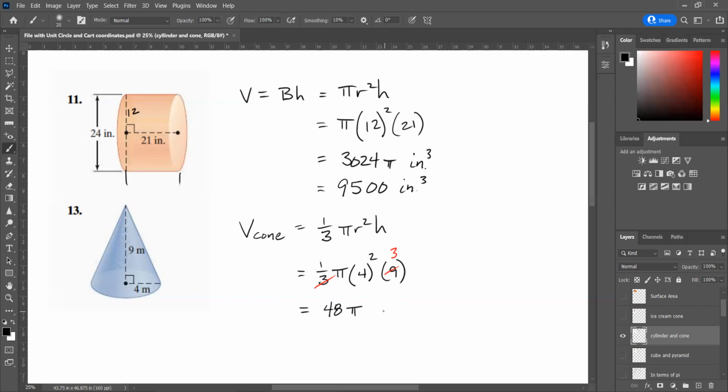We still have pi there. These will be meters cubed. If I plug in 48 pi to my calculator, I get 151 rounded up cubic meters. Again, rounded, but something along those lines.